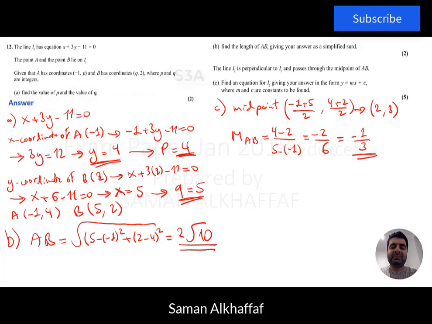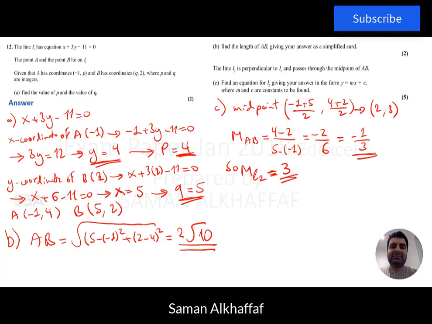This is the gradient of L1, so now to find the m of L2, the perpendicular gradient, it will be the inverse in terms of sign and in terms of fraction. So that will be 3.